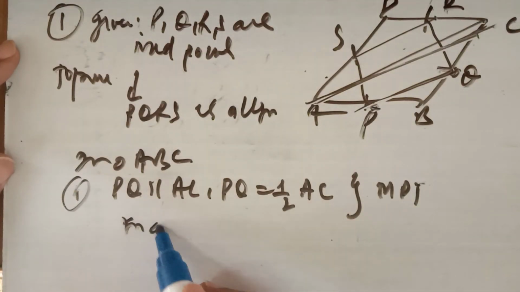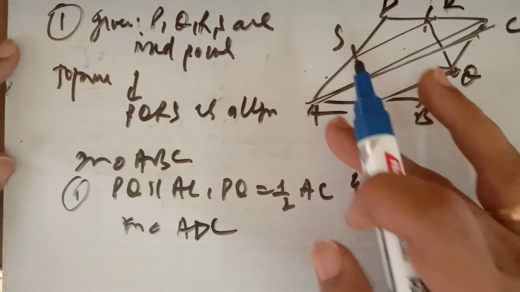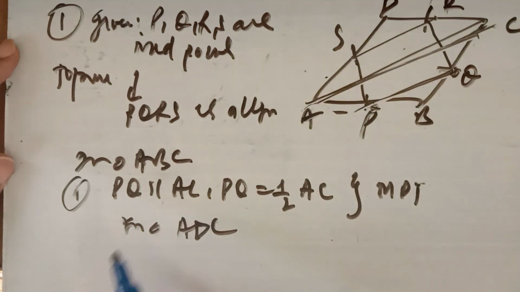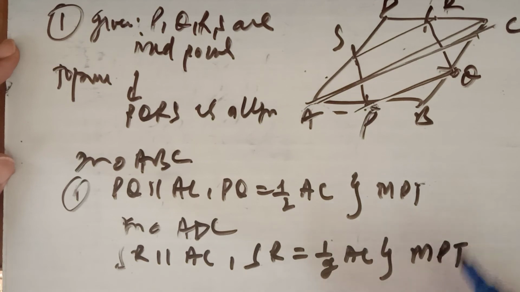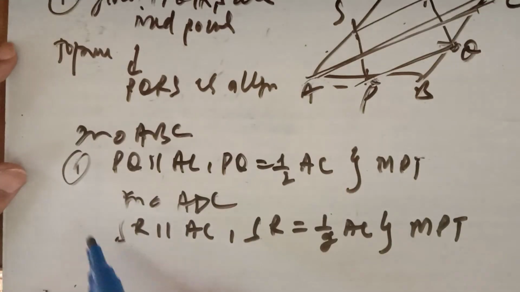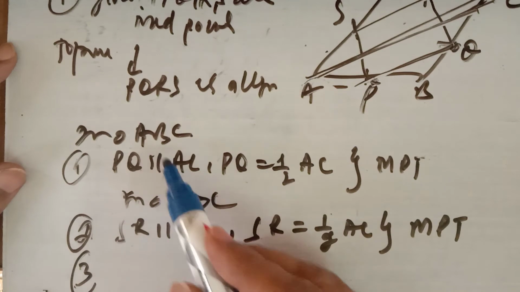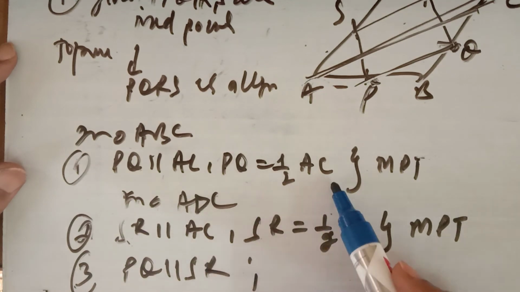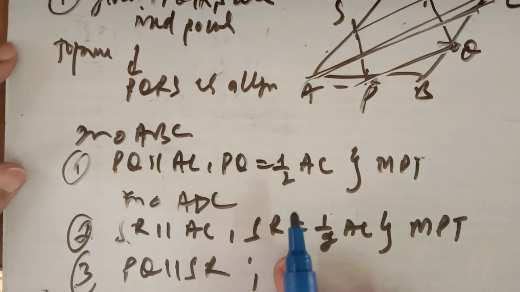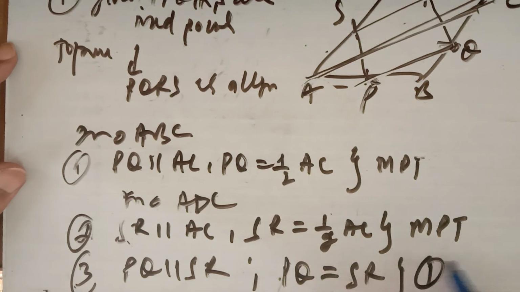Similarly, in triangle ADC, SR is parallel to AC and SR is equal to half of AC, again by the midpoint theorem in triangle ADC. So what can you conclude from these two? Because PQ is parallel to AC and SR is parallel to AC, PQ is parallel to SR. PQ is half of AC and SR is half of AC, so PQ is equal to SR, from steps 1 and 2.